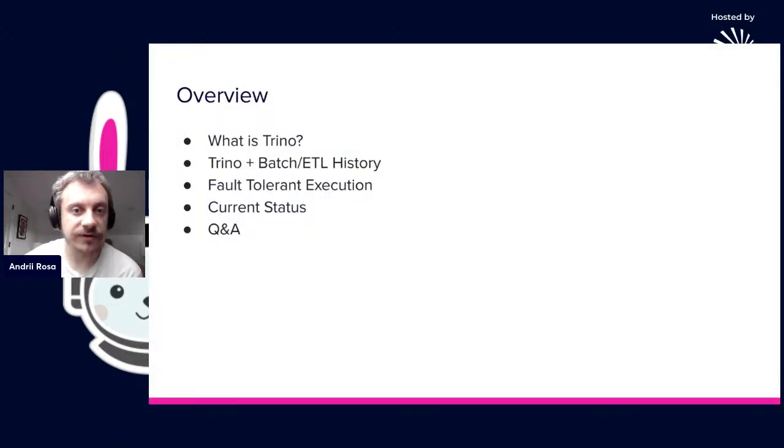So a couple of words about the structure of this presentation. First, I'm going to really quickly cover what Trino is, how it is related to Presto, and what its relation is to Spark and to Hive. Then we will take a look into Presto/Trino history as an engine for batch ETL processing, and dive deeper into some of the challenges associated specifically with batch ETL processing as opposed to interactive querying.